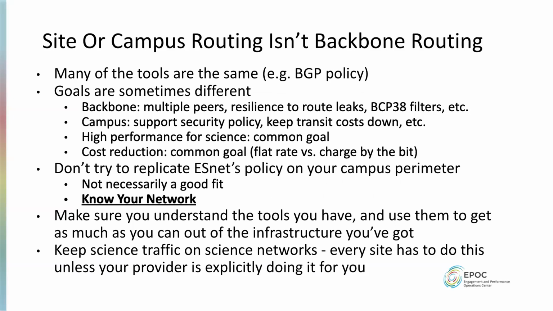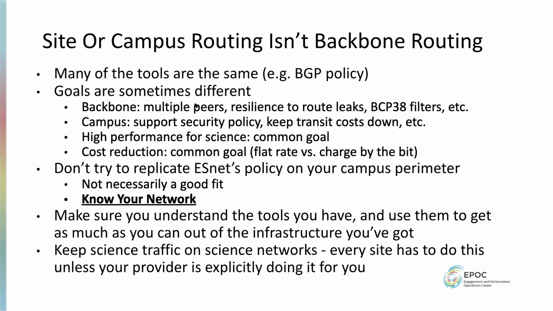That's not the point at all. The point is there's a set of policy knobs in BGP that allow you to differentiate between different kinds of routes as long as you tag those routes with the right metadata. And if you do that in a sane way, then you get stable emergent behavior that allows scientific applications to see the high performance that we've all engineered our science networks for.